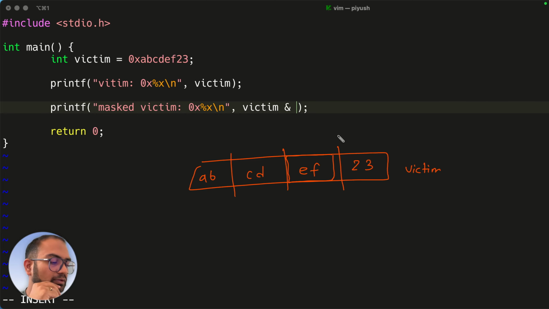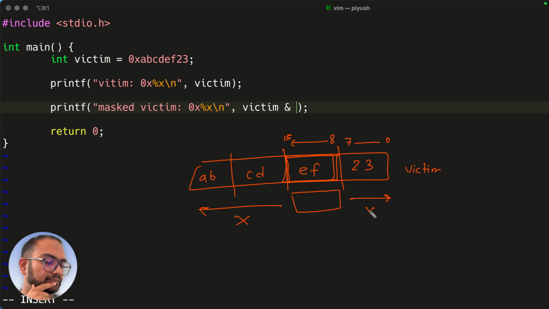So I know that it is starting from the bit position 8, because 0 through 7 is the first byte, and 8 through 15 is the second byte, the EF from the left. So what I'm now interested in doing is somehow I want to isolate this and discard everything else.